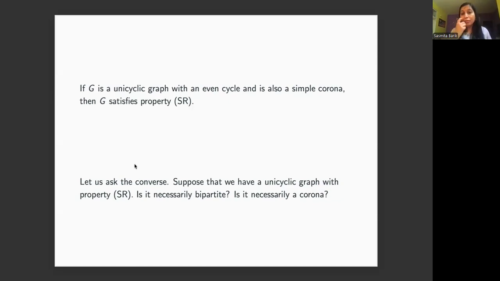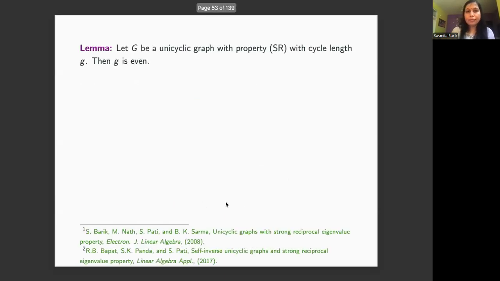Then whether the converse is true means: is there a unicyclic graph with property SR which is not bipartite and not a corona? So these questions are there, because in the tree case, everything became a corona. So then here, we asked these questions.